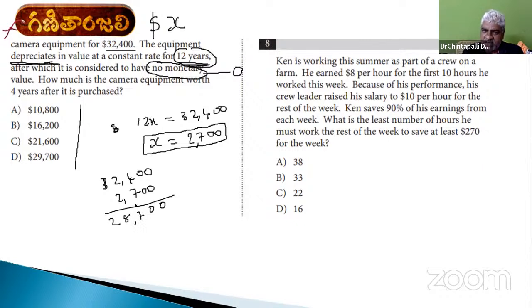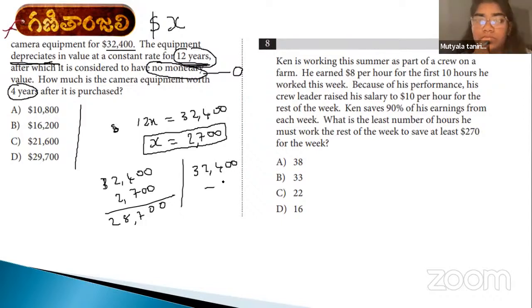After 2 years, its value will be 29,700 minus 2,700. So we need to keep on doing like this to get its value after 4 years. In another way, we can do it directly: 32,400 minus 4 years, 4 into 2,700.